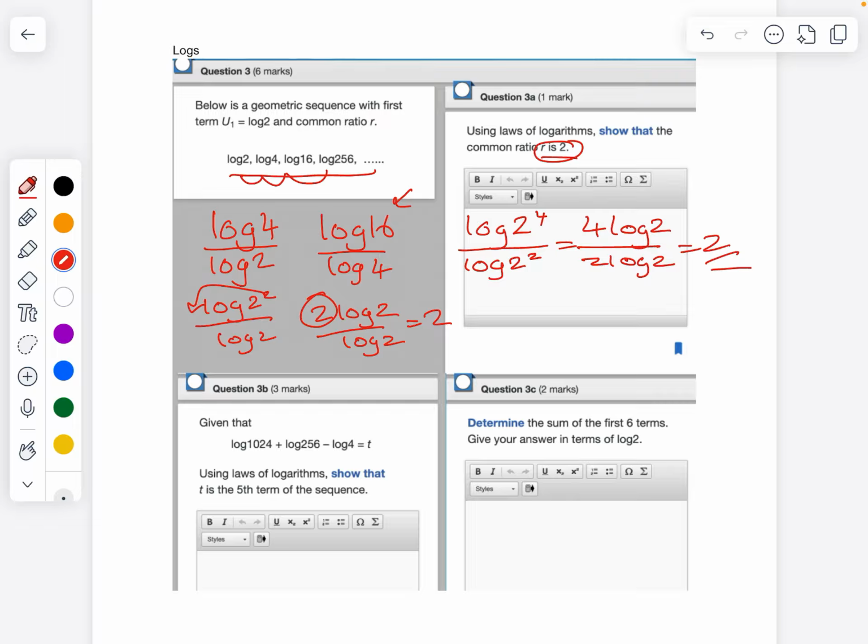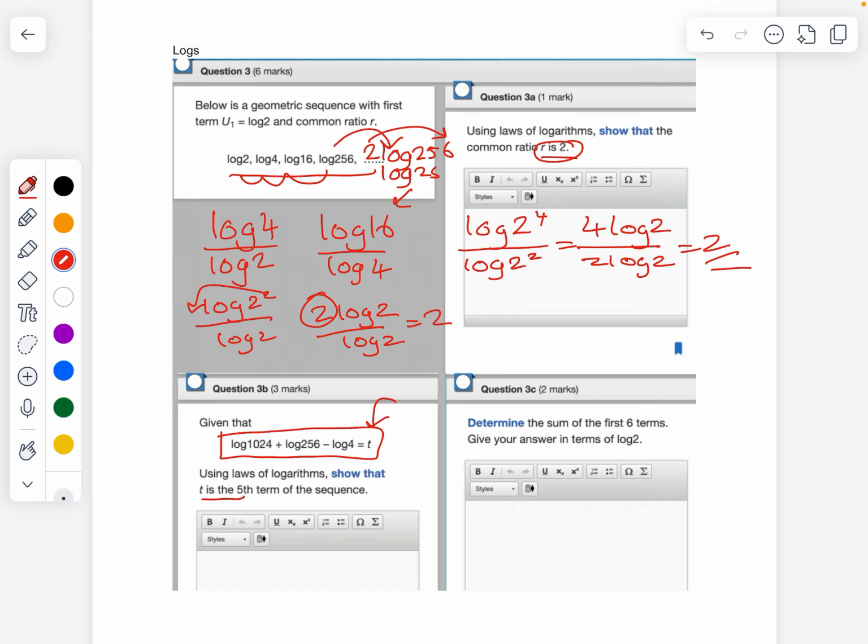Right, then the next question is saying, now that we know what the common ratio is, we need to show that this t is the same as the fifth term. So if we want to find the fifth term in the sequence, we know the common ratio is going to be 2. So in this case, it's going to be 2 log 256, but we wouldn't write it as that.